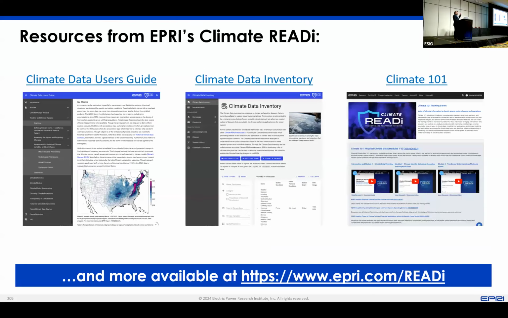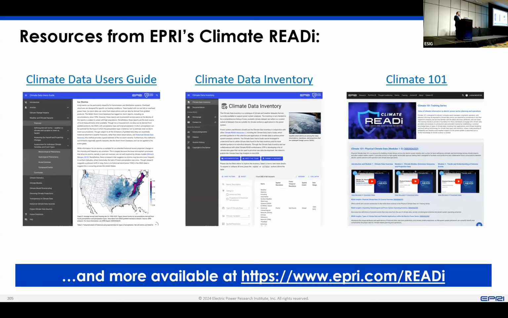A couple of resources that folks can check out, again, in the hope of education. From Climate Ready, we've got a great user's guide that goes through a lot of key concepts, and that can be helpful for you or for others at your organization. There's a data inventory. It's not a data set repository. It's more about here are different data sets and information so you can start going out and getting that data and start using it in your applications.